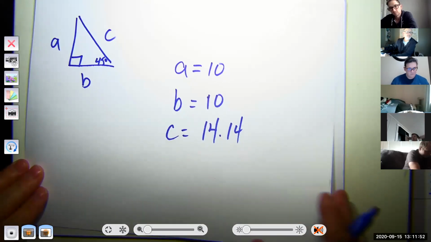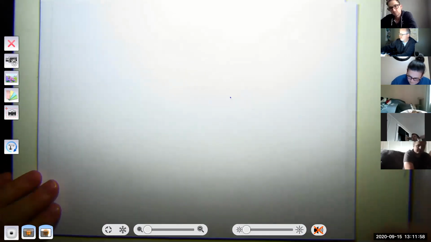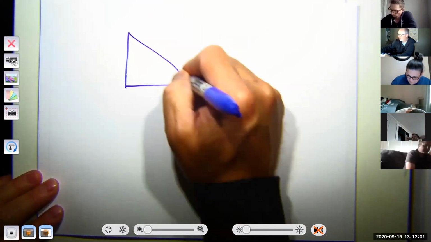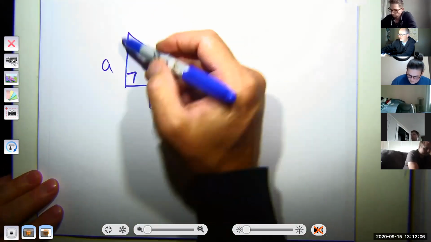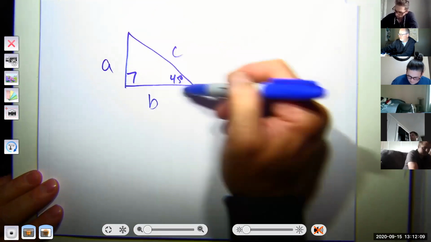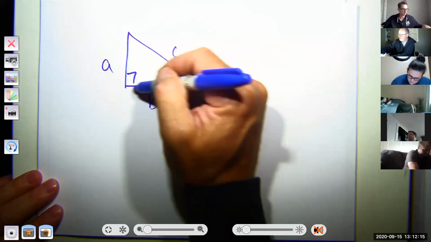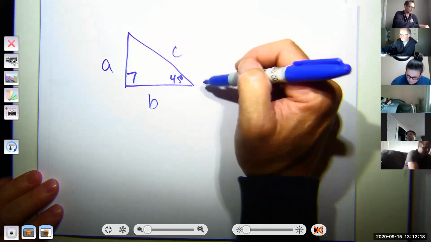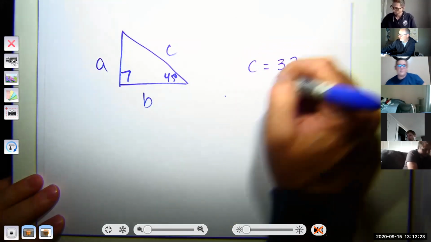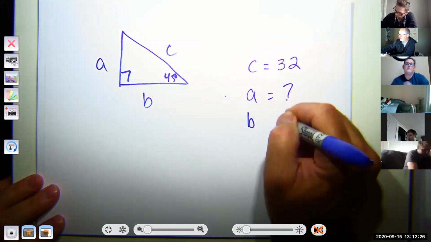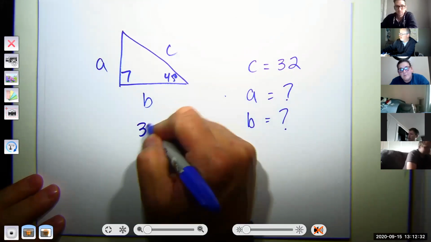So let's do another example. I have a 45-degree right angle triangle, A, B, C. So rise, run, offset: A is the offset or the rise, B is the run, C is the travel. If I told you C is equal to 32, what is A and what is B? You take 32 and you divide it by 1.414.